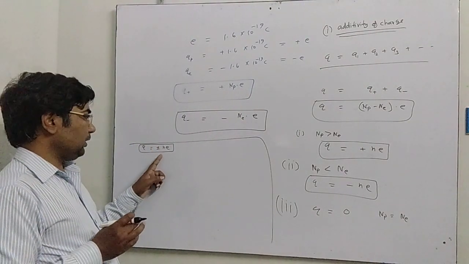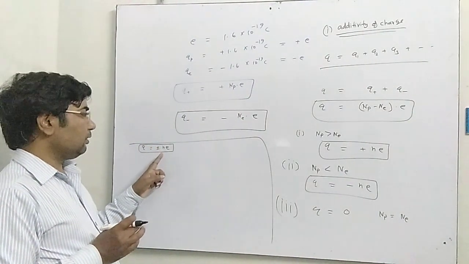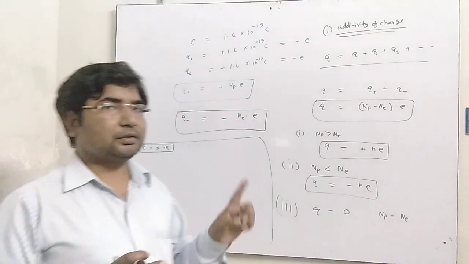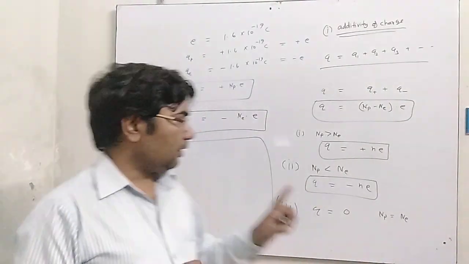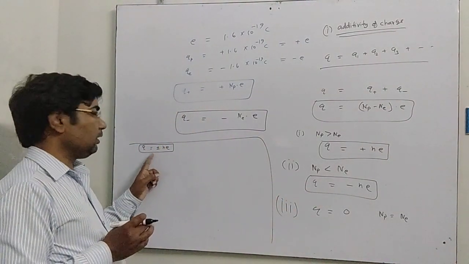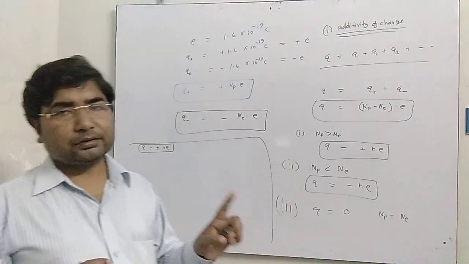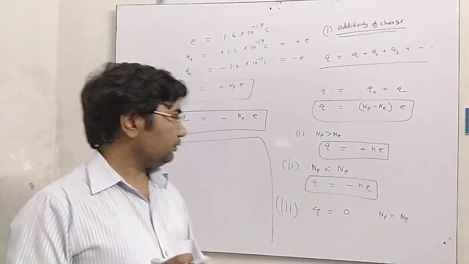If positive sign is taken, then n is called the excess number of protons, and when negative sign is taken, then n is called excess number of electrons.